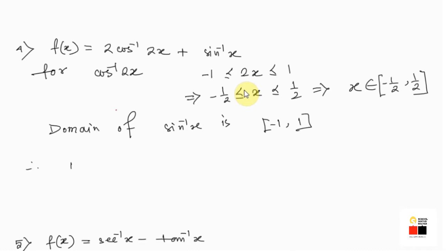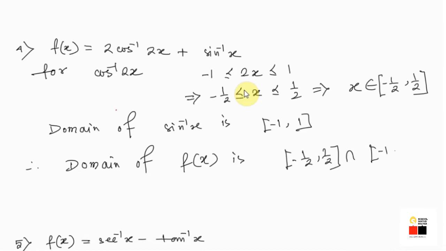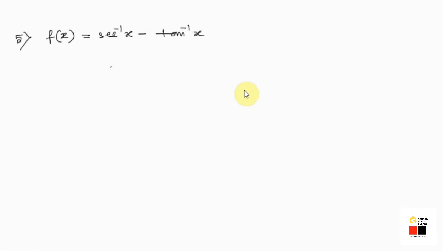Therefore, the domain of f(x) is minus 1 by 2 comma 1 by 2 intersection minus 1 comma 1, that is minus 1 by 2 comma 1 by 2. Next problem is f(x) equals cosec inverse x minus tan inverse x.